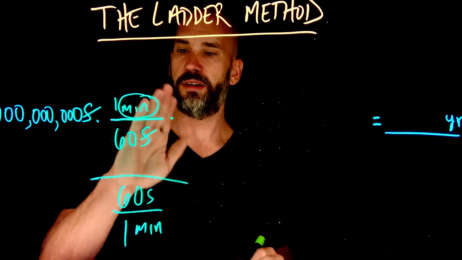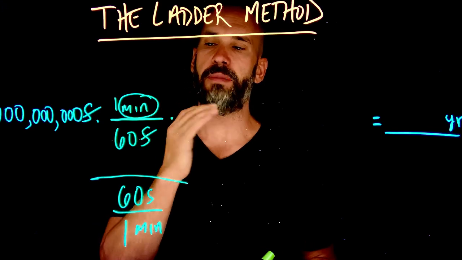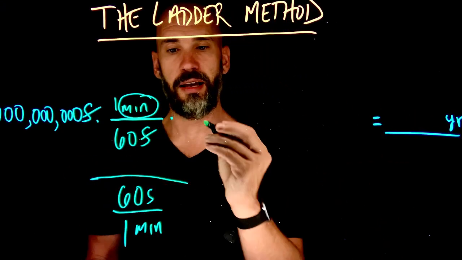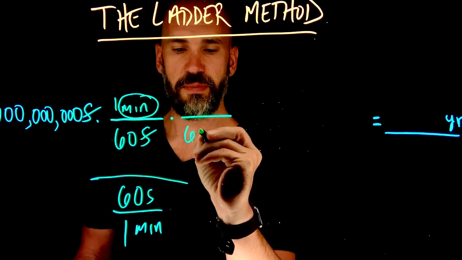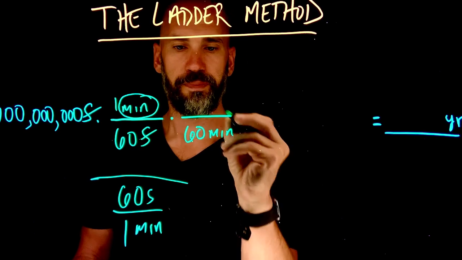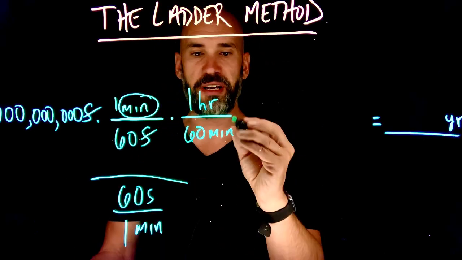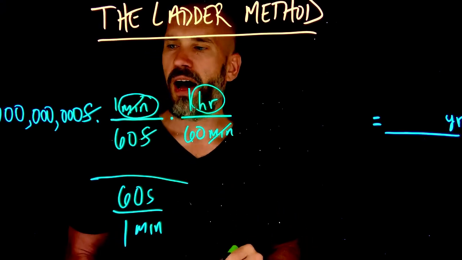We now have minutes. So what's the next biggest unit of time after minutes that gets us closer to years? Well, you'd probably say hours, and you'd be correct. So I'm going to say that there's 60 minutes in 1 hour. Again, why did I put minutes on the bottom? Because I want minutes to cancel out so that I'm left with hours.